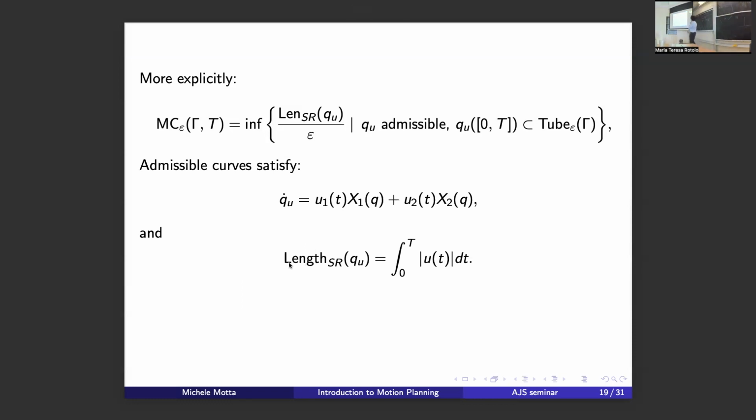And okay, so an admissible curve must satisfy this equation, and moreover, to define the length of the curve, we have to specify a Riemannian metric on the distribution, and we can do this simply by imposing that x1 and x2 are orthonormal. And so the Riemannian length is simply the integral of the control.